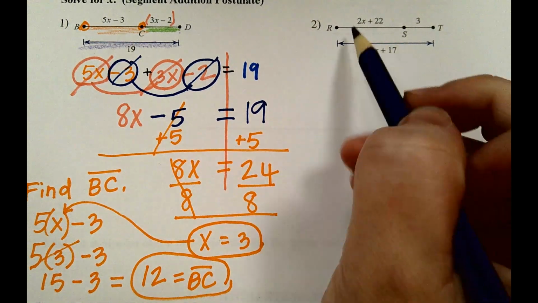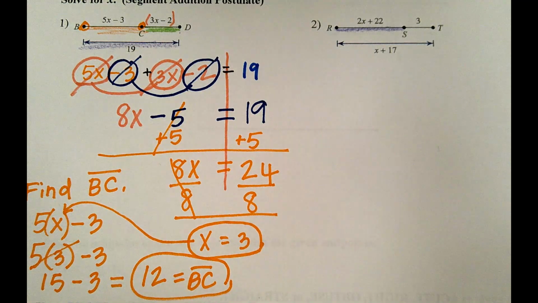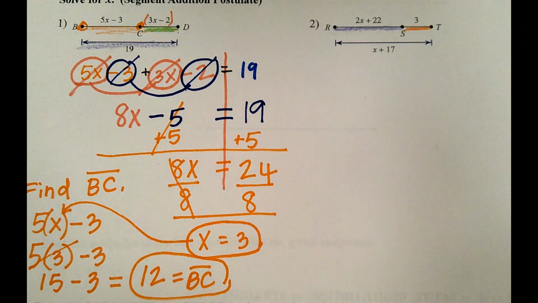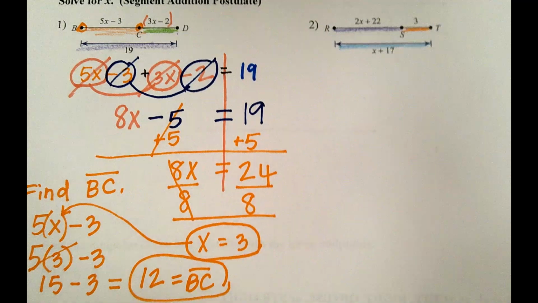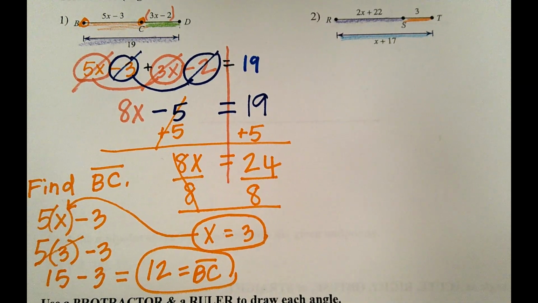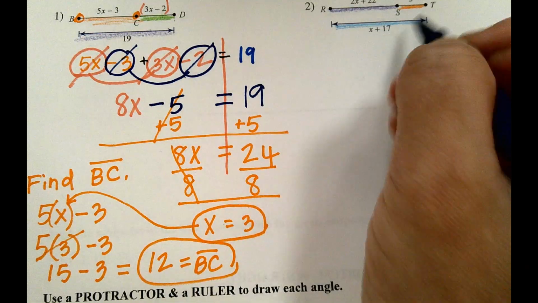So I have 2x plus 22, and I have 3, and I've also got x plus 17. How can I write an equation? Jess, you want to tell me the equation? 2x plus 22 plus 3 equals x plus 17.